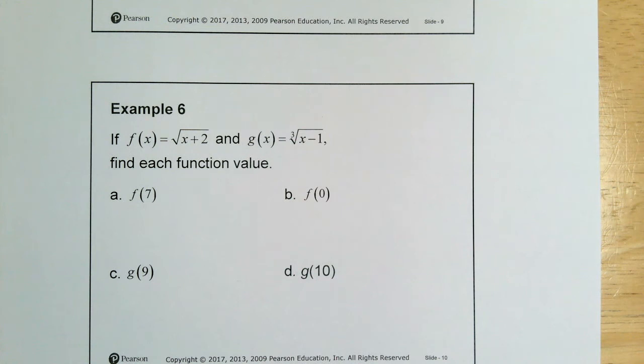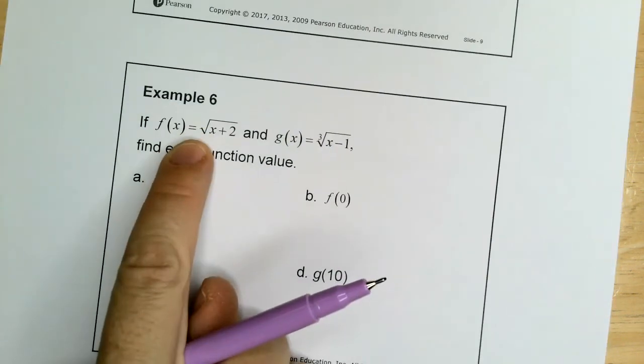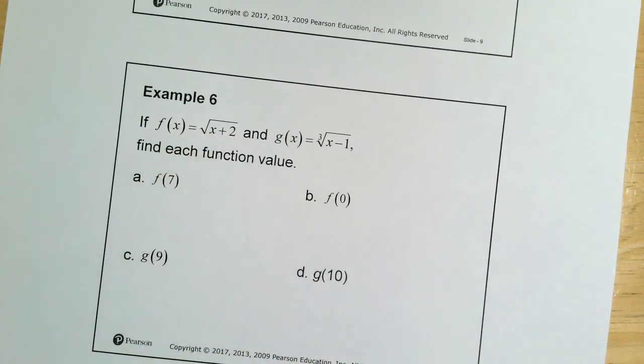Now we're practicing what we have learned about radicals by using radicals in a function, solving functions with radicals. So we've solved functions before. We use radicals today. Let's put it all together. All right. f of x is the square root of x plus 2. So what is f of 7, right?